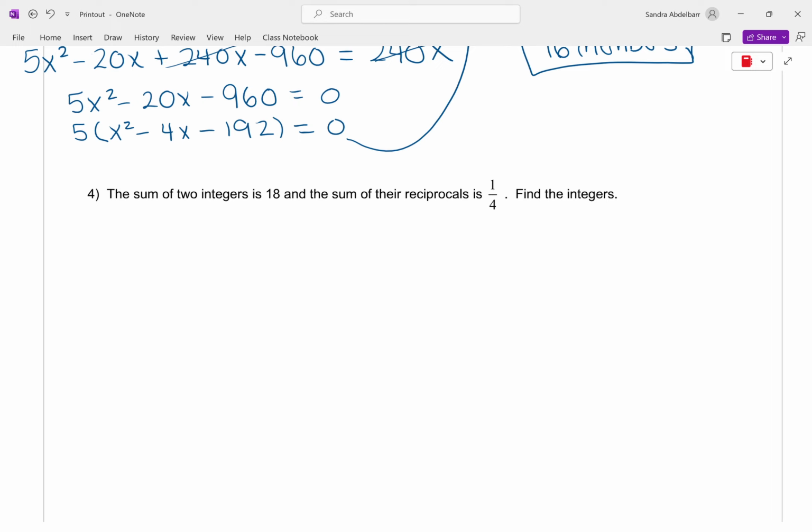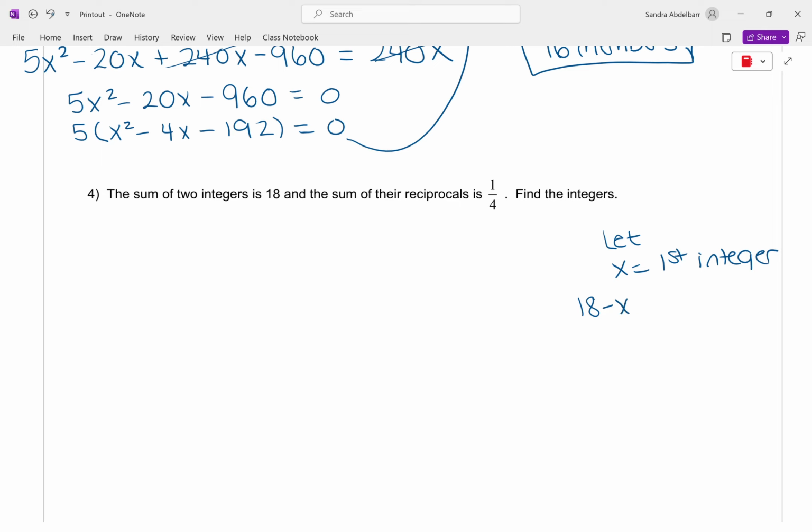Okay, with that said, let's look at this one, because I think instinctively everybody would just set up a system. So it says the sum of two integers is 18. So I'm going to let x equal the first integer. I'm not going to have y be the second integer, because then that's setting up a system, 2 different variables. We want one variable.